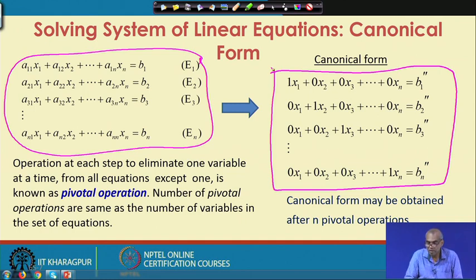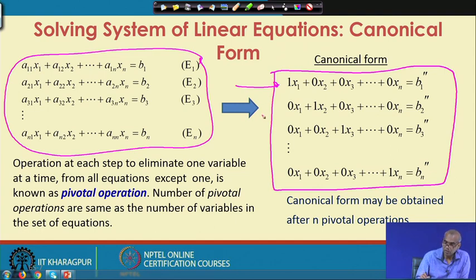If you closely look at this canonical form, the first row, that means the first equation, has coefficient 1 for variable x 1, that is the first column, and all other coefficients are 0. Right hand side b 1 has now been replaced as b 1 double prime, because those elementary row operations have been performed. So, essentially the first equation is x 1 equal to b 1 double prime.